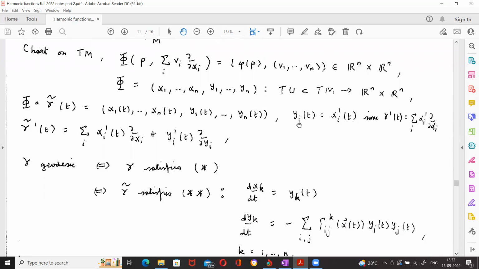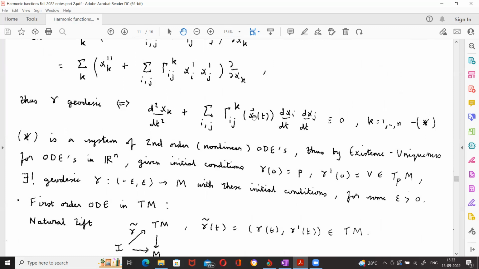Here you see yi(t) is xi prime(t), so our first equation will be d/dt of xk equal to yk(t). The second equation has d squared/dt squared become d/dt of yk, and dxi/dt and dxj/dt become yi and yj.